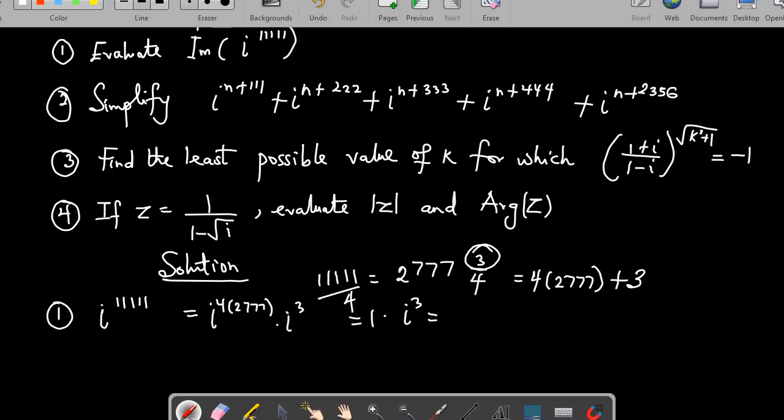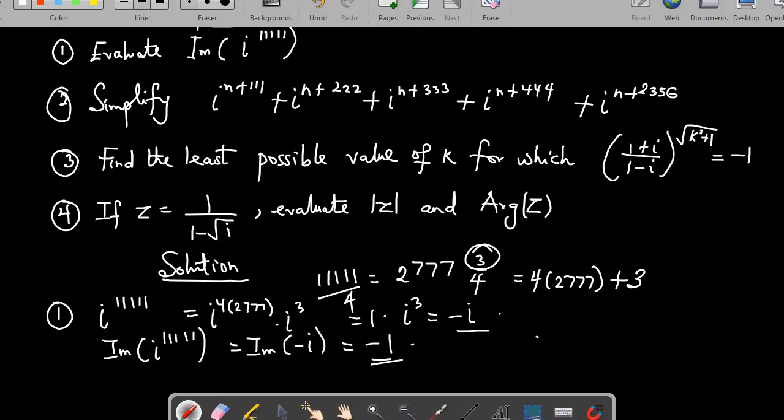We already know that to be minus i. So basically, i raised to the power 11111 is just minus i. Now to evaluate the imaginary part of i raised to the power 11111 is simply the imaginary part of minus i, and the imaginary part of minus i is simply -1.